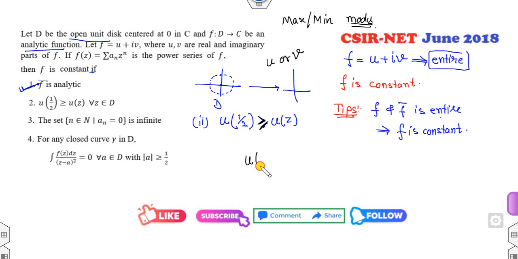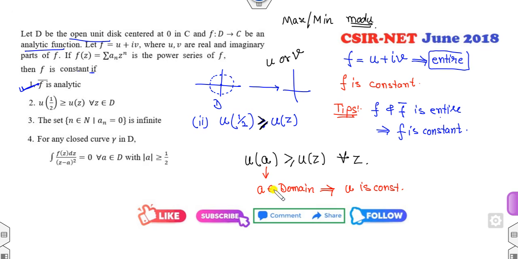If I say u of a is greater than or equal to u of z for all z, and you prove that a is part of my domain, then you can say u is constant. This means the maximum is attained at the point a.